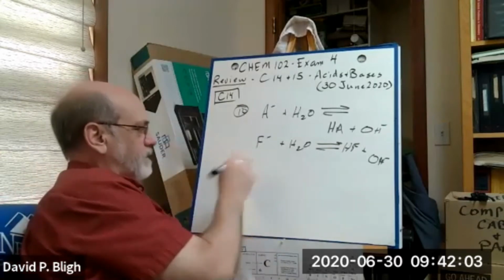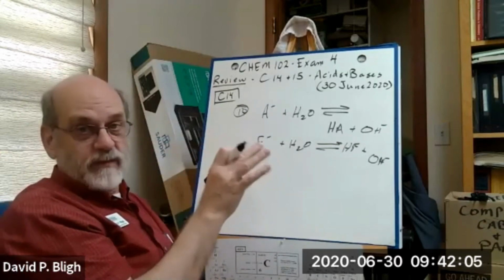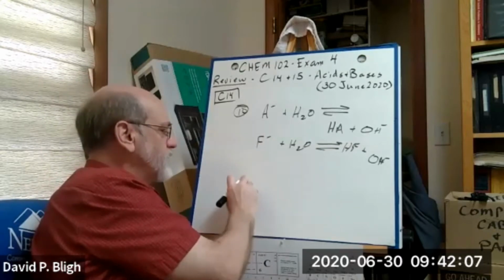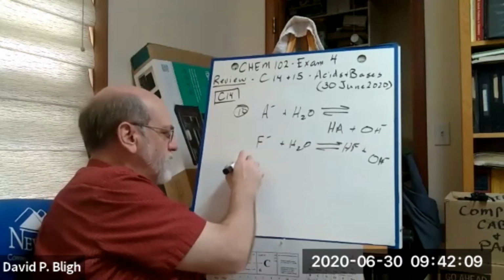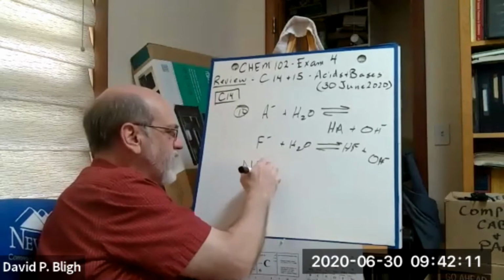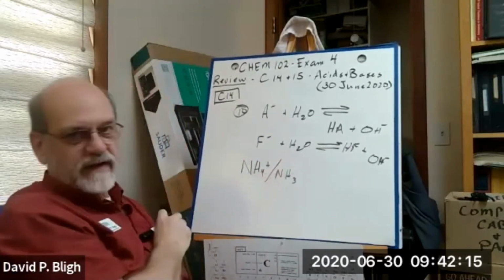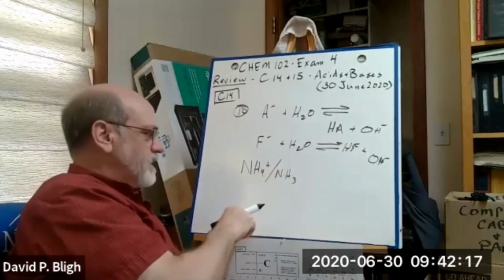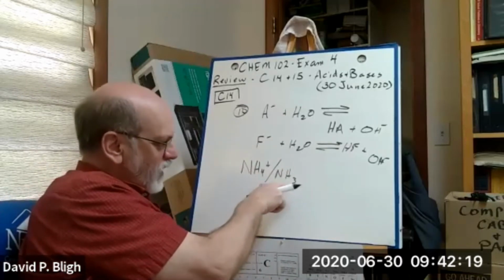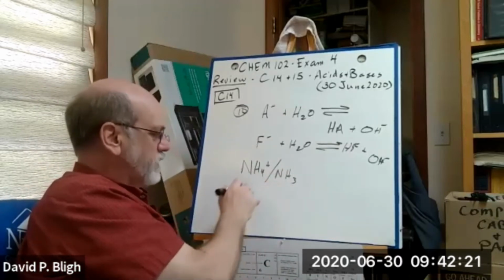Now, what's another possible answer? Well, the one that immediately comes to mind is the conjugate acid-base pair, like that. So the conjugate base of this pair would be that one.